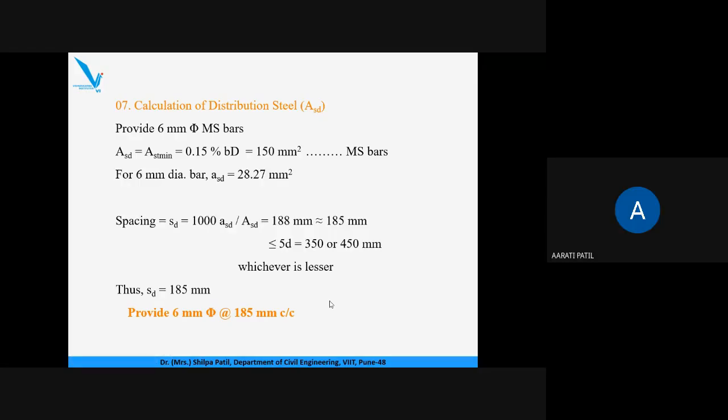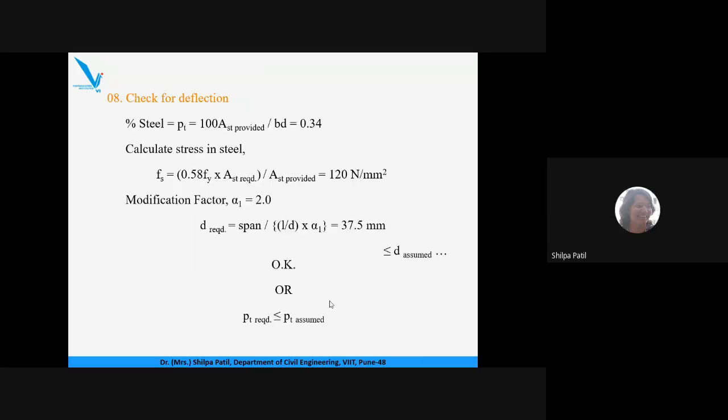Okay. Now the next step is check for deflection. Either you can do the calculation for percentage steel and compare it with the assumed value, or you can again find out the modification factor, that is alpha 1, and find out the depth. After finding the true alpha 1 value, find out the depth required and compare it with the assumed value.